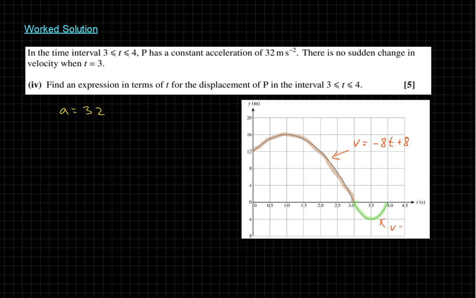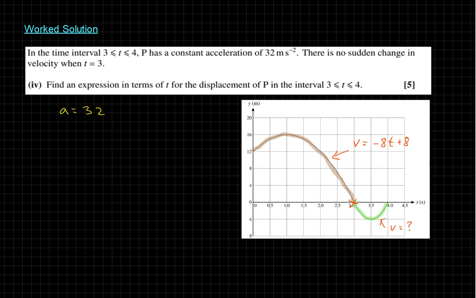Okay, v equals, don't know, because we haven't been told. Okay, so it's undergoing some other kind of motion apparently. But the key thing is that at this point t equals 3, they are the same. The velocities are the same. That's what this is saying here.